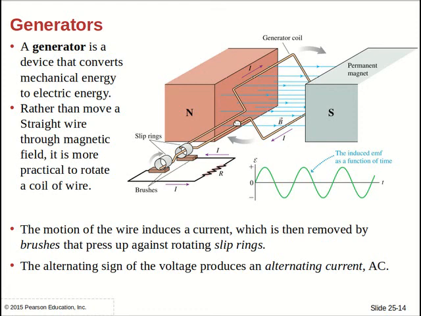But as soon as the loop is halfway around from there, the side that was moving up through the field is now moving down, and the side of the loop that was moving down is now moving up. And so the net result of that is that the current induced inside that loop is alternating. It alternates through one complete cycle from 0 to a max, 0 back down to a min, and back to a max in the course of rotating once through the magnetic field.